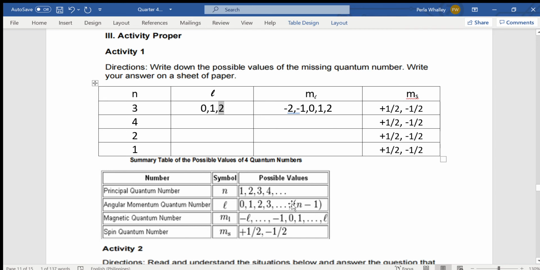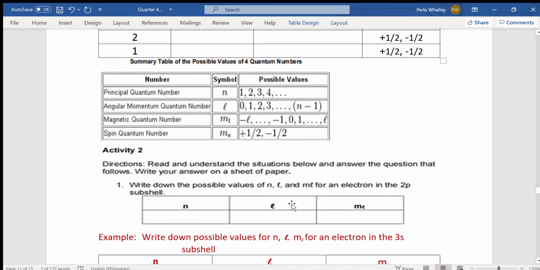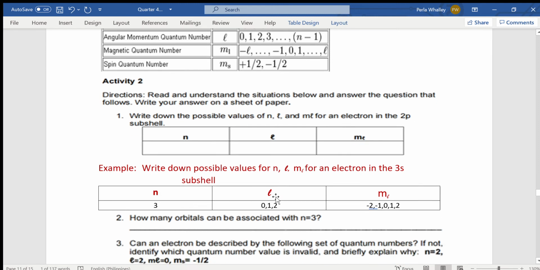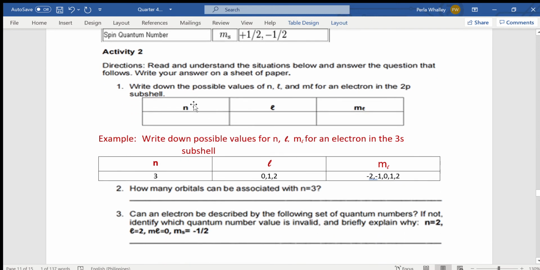Next, activity number 2. Write down the possible values of N, L, and M sub L for an electron in the 2p subshell. Okay, I will give you an example so that you can answer this activity.